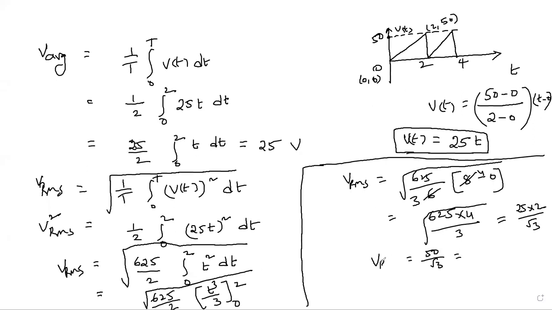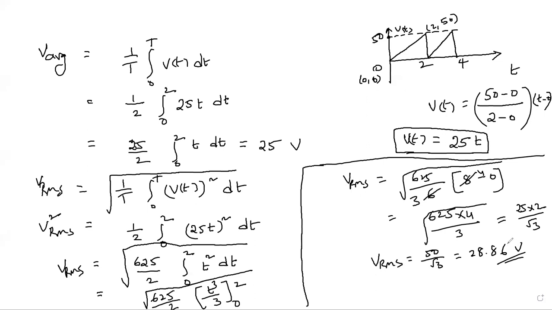How much? 50 by 1.732 is 28.86. Very good. Now see the answer value 28.86.